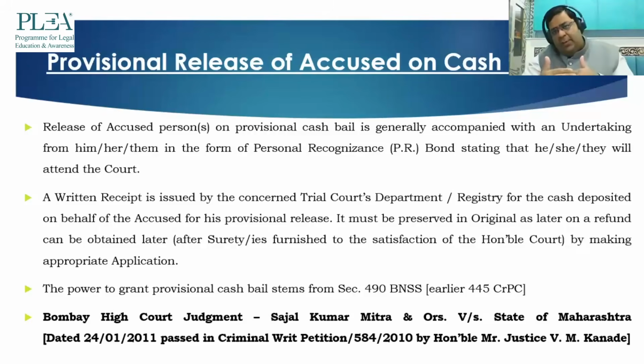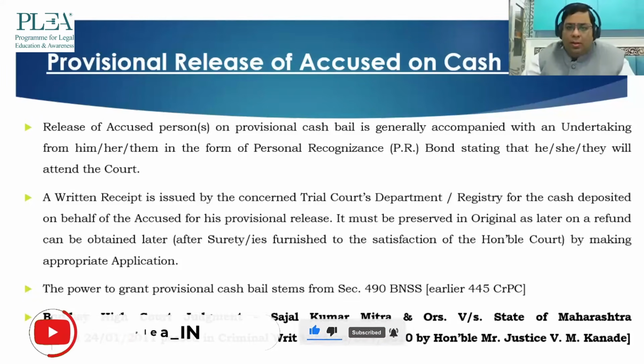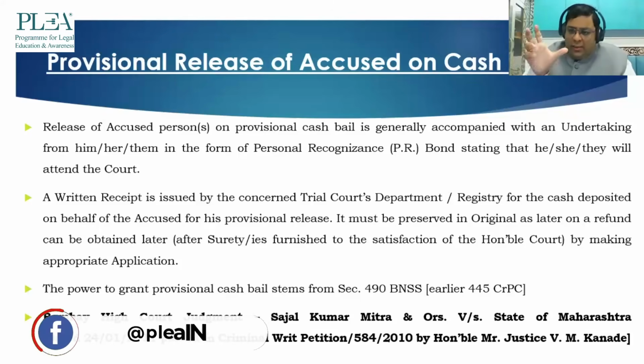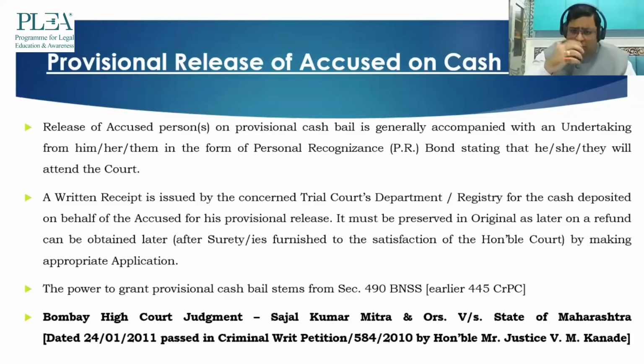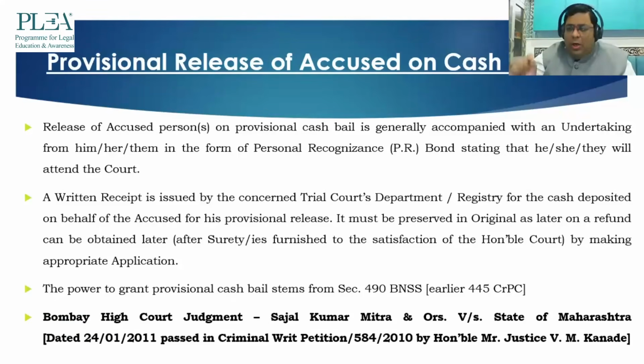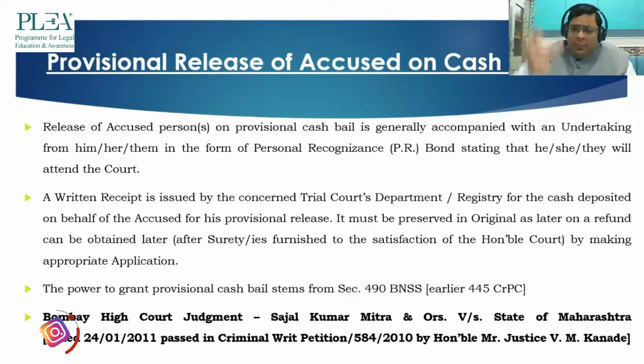Now, when the cash bail application is allowed, the relatives and the advocate for the accused go and deposit the amount in the court's registry or the department. If it is a high value and the notes are of 500 or another denomination, the department generally asks you to make a list by noting the serial numbers of the currency notes, which is submitted.